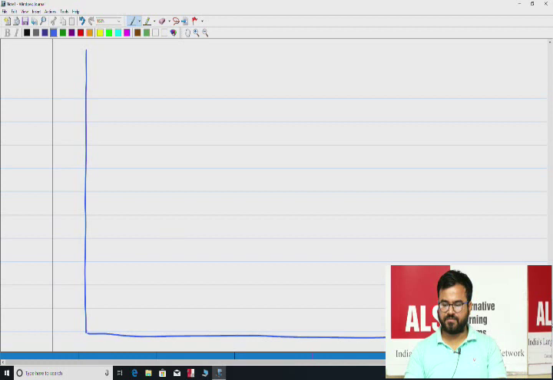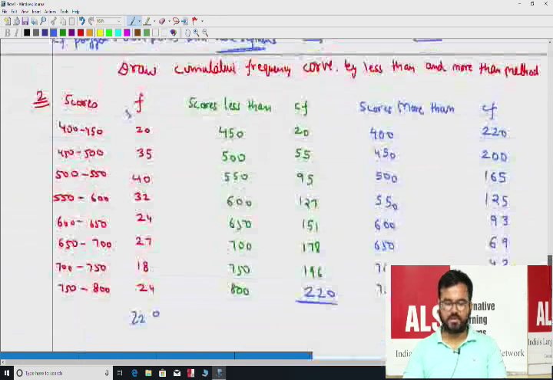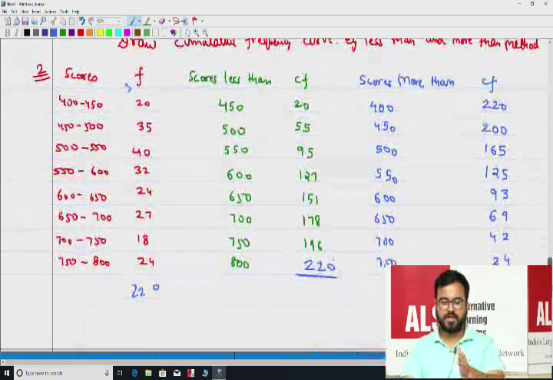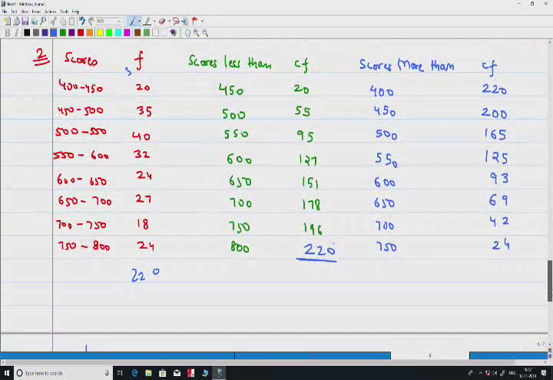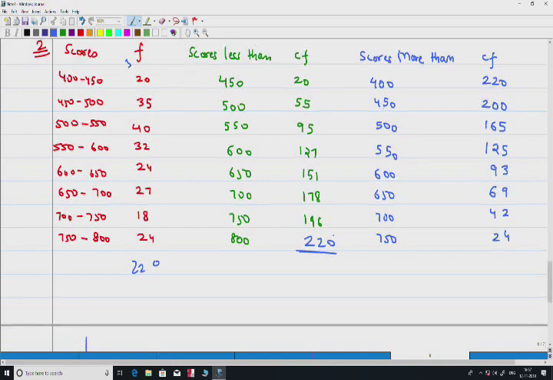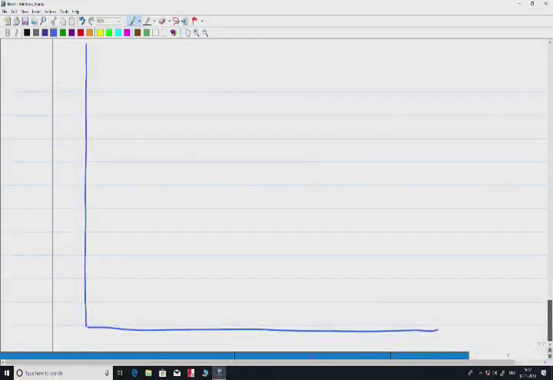So you can see when we are going to plot the values less than, and cumulative frequency will be on the y-axis. So we can write these because we have to write the values up from 400, and then all the values with a gap of 50, maximum value is 800. So 400 to 800 we have to go with a gap of 50 each.